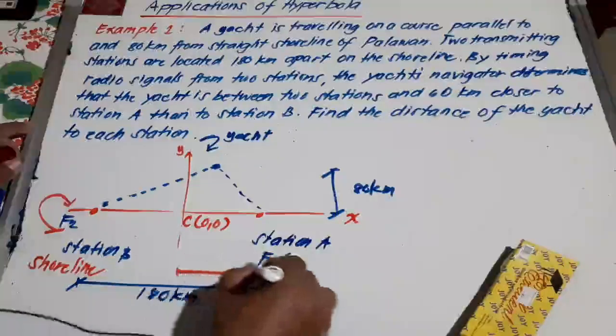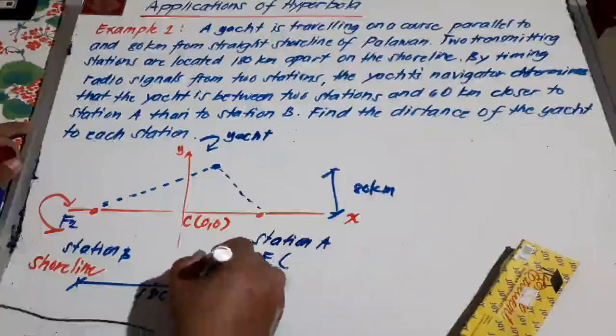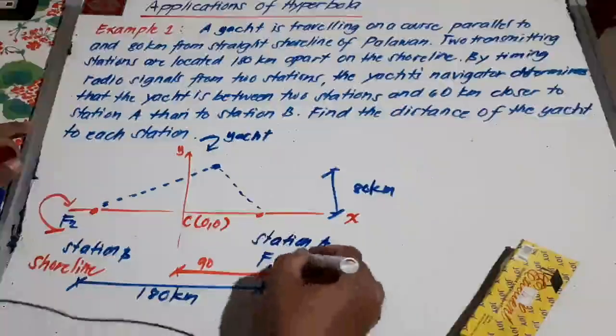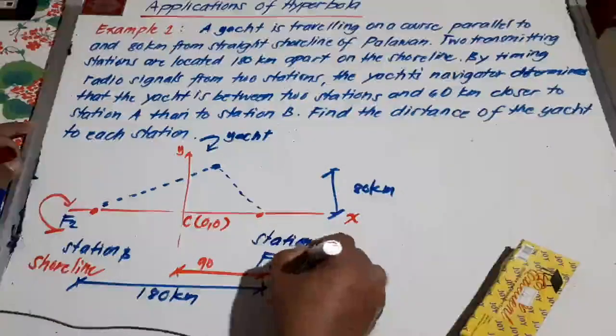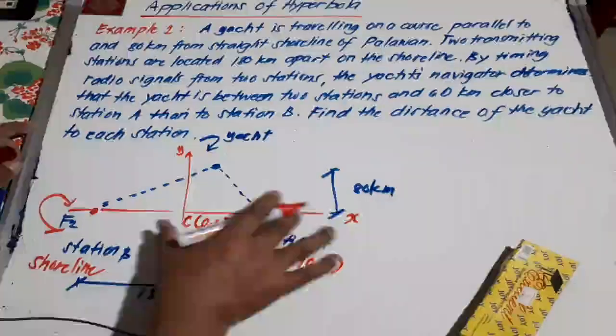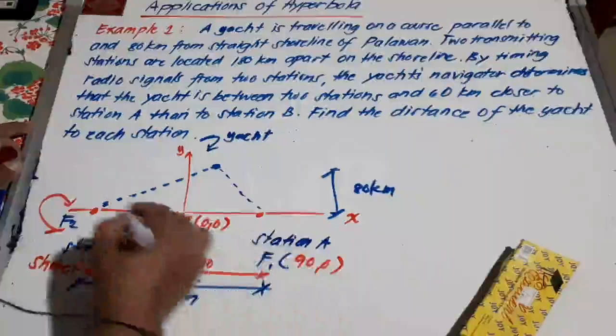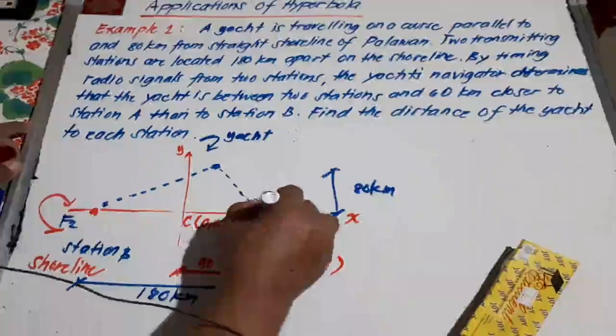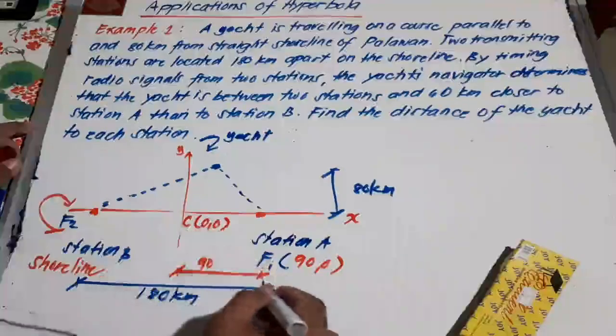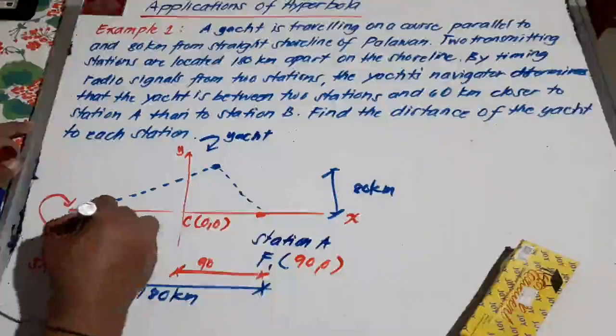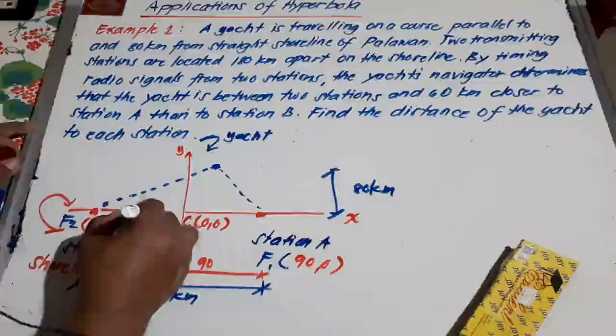So, ang kalahati nito will be 90. So, therefore, yung F1 natin is located at 90, 0 of our ginawang XY plane. Okay? So this is the focus, yung location ng stations. So ito, yung focus 2 will be negative 90, 0.